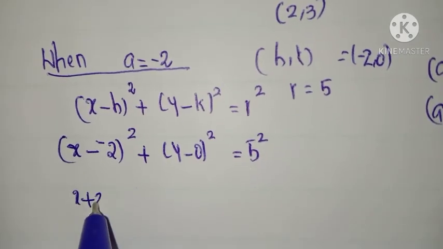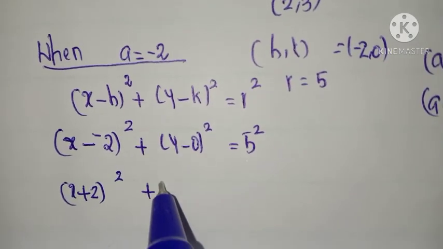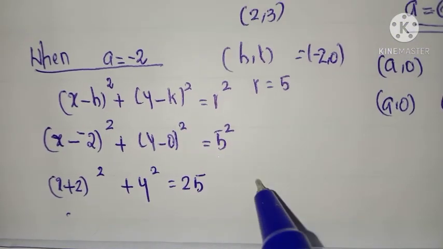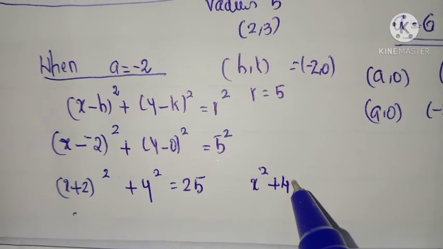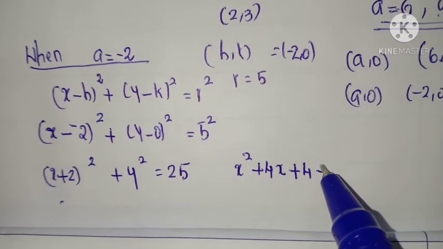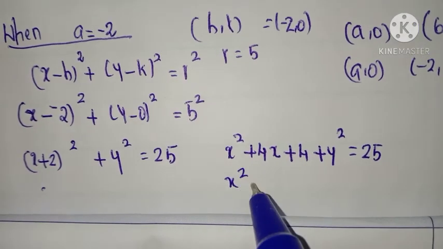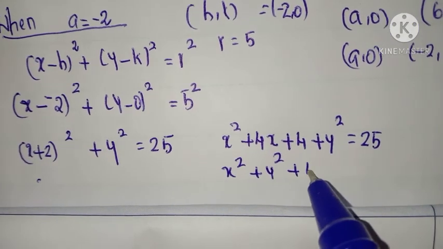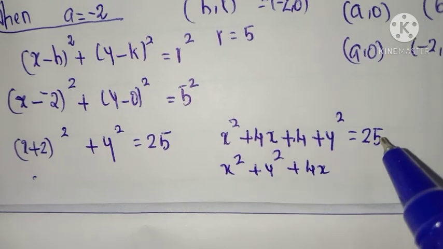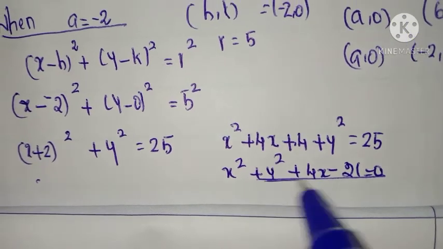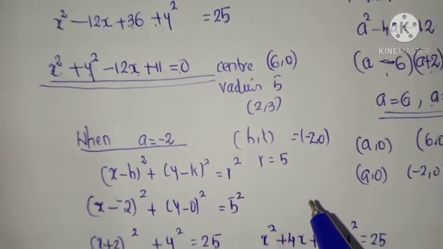So this is (x plus 2) whole square plus y square equal to 25. So this is x square plus 4x plus 4 plus y square equal to 25, or x square plus y square plus 4x plus 4 minus 25 becomes minus 21 equal to 0. So this is the required equation of circle.